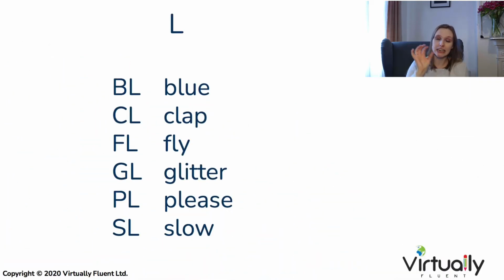Unfortunately, there's not a long list of specific consonant clusters. We could realistically put any 2 consonants, 3, or even 4 together, which leaves us with a really, really big combination of letters. The most common ones you tend to see are L, R, S, and T. Let's take a look at a few examples. With L: blue, clap, fly, glitter, please, slow.